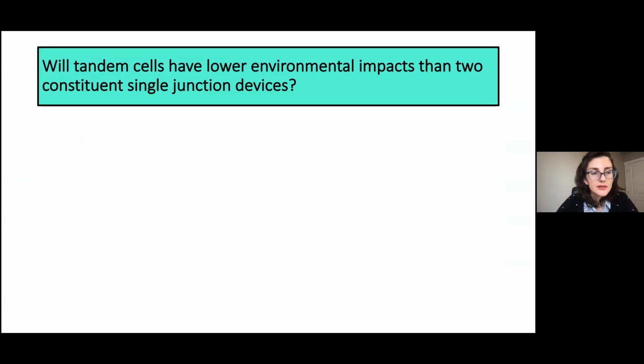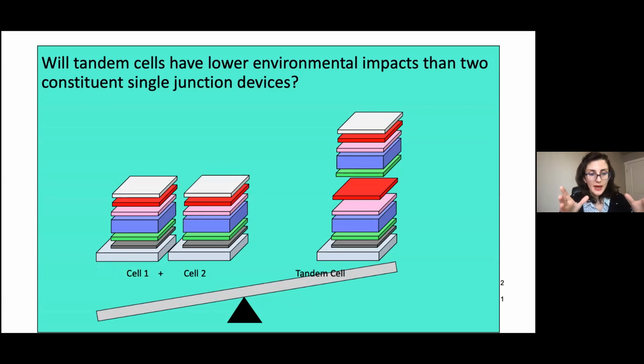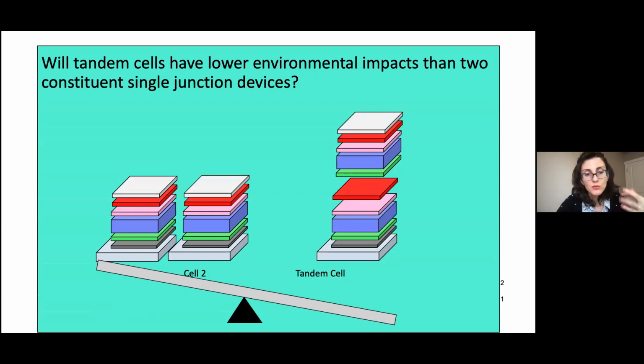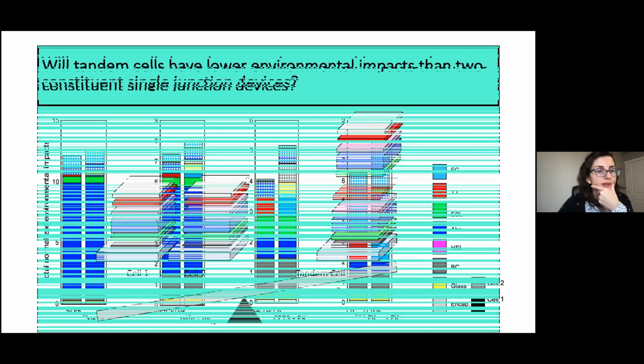And here's the question: will tandem cells have lower environmental impacts than two constituent single junction devices? So does that mean we should have two separate PV cells, or a single tandem cell, which is more environmentally friendly? Here are the results.